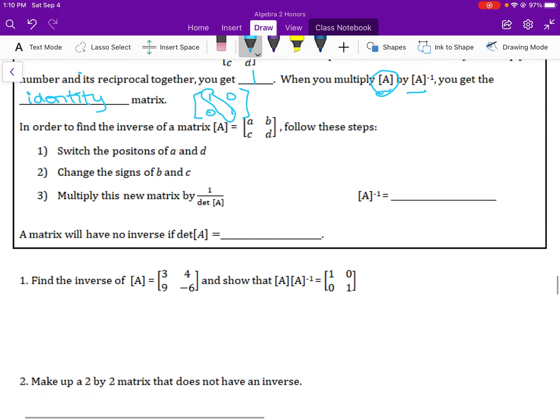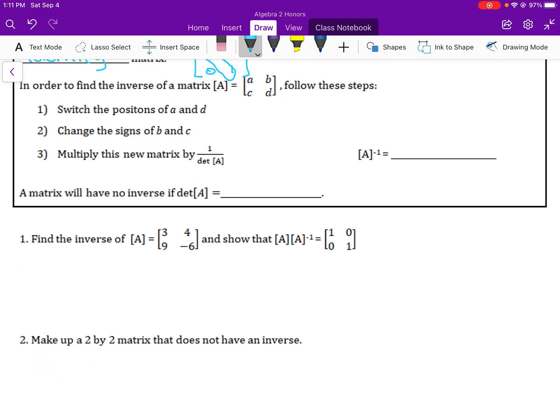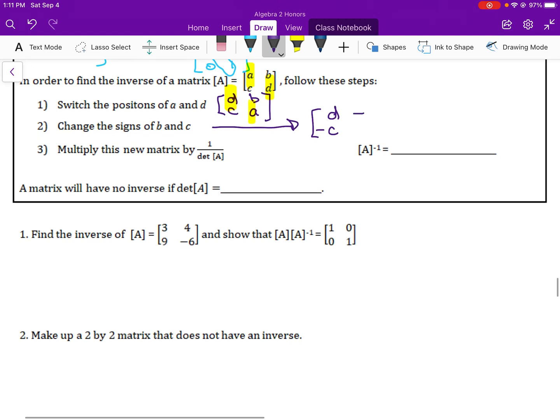So to calculate the inverse by hand when it's a 2 by 2, we're going to follow these steps. We first switch the positions of A and D in the matrix, so we update the matrix to look like this: D, C, B, A. Notice that I've interchanged the A and the D. Then we change the signs of B and C. This second change makes my matrix D, negative C, negative B, and A. So we're making some changes to our original matrix.